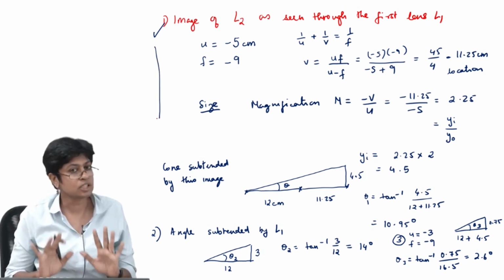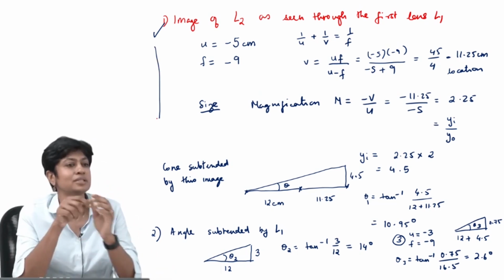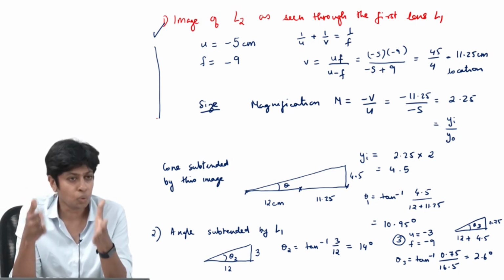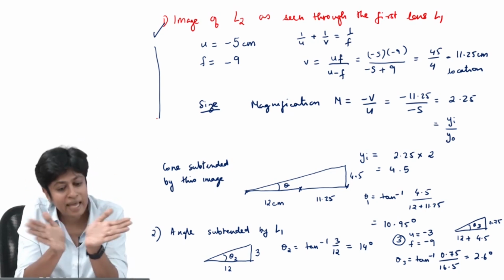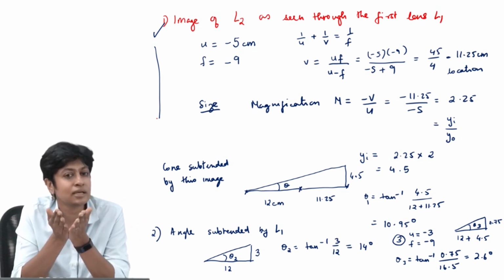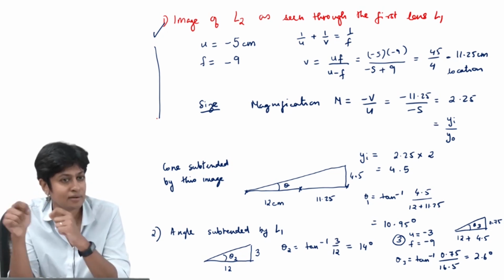So, this is the logic, and the point you should be getting now is that it isn't the diameter alone that controls the angle of rays that go through, because this is an optical system. It has elements with power, that means it has elements that bend rays.